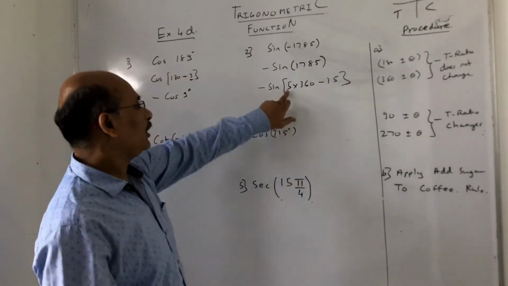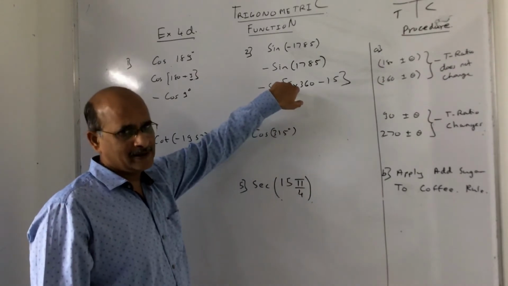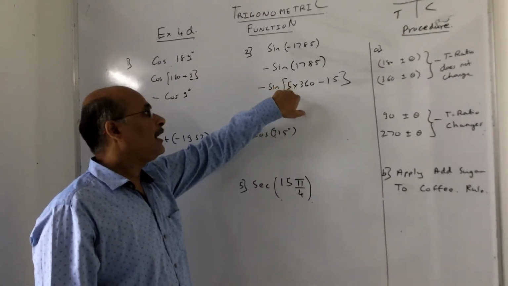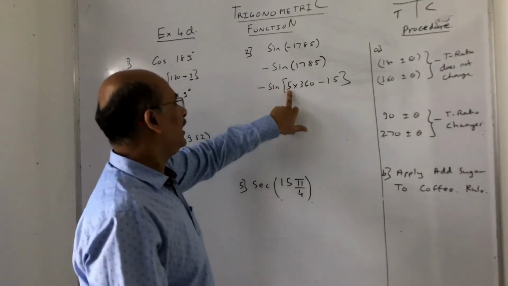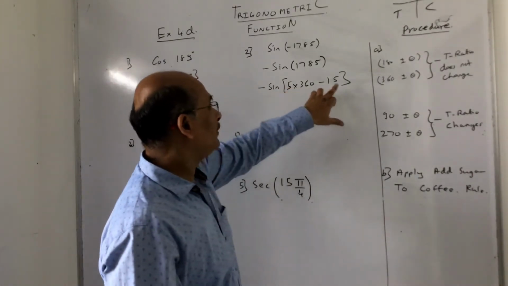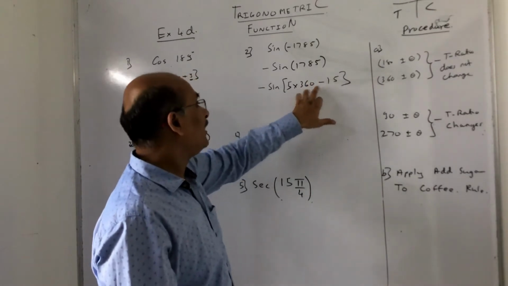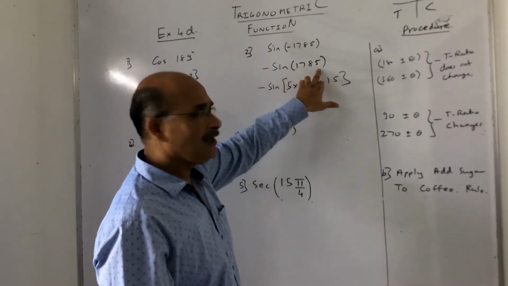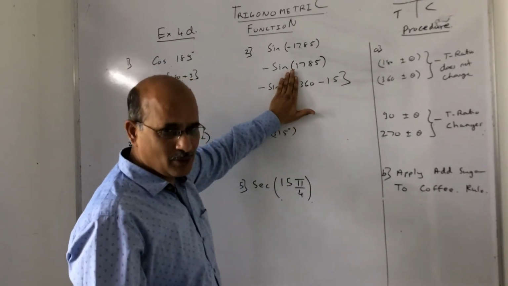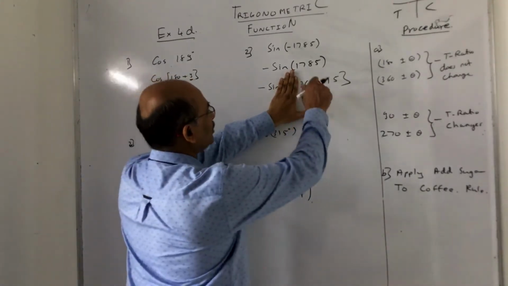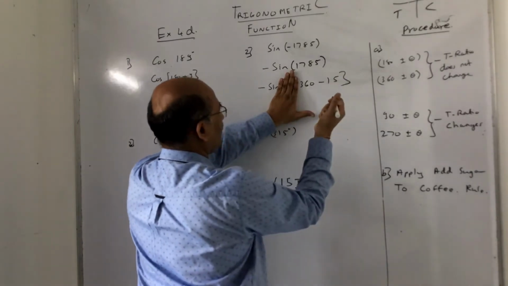The number of rotations doesn't matter. I explained this in the last lecture, why and how the terminal arm comes back to its original position, children. Anyway, please confirm once again: 1800 minus 15 is 1785. Once you have done this you can ignore the rotations. 360 plus or minus theta, the ratio remains the same.